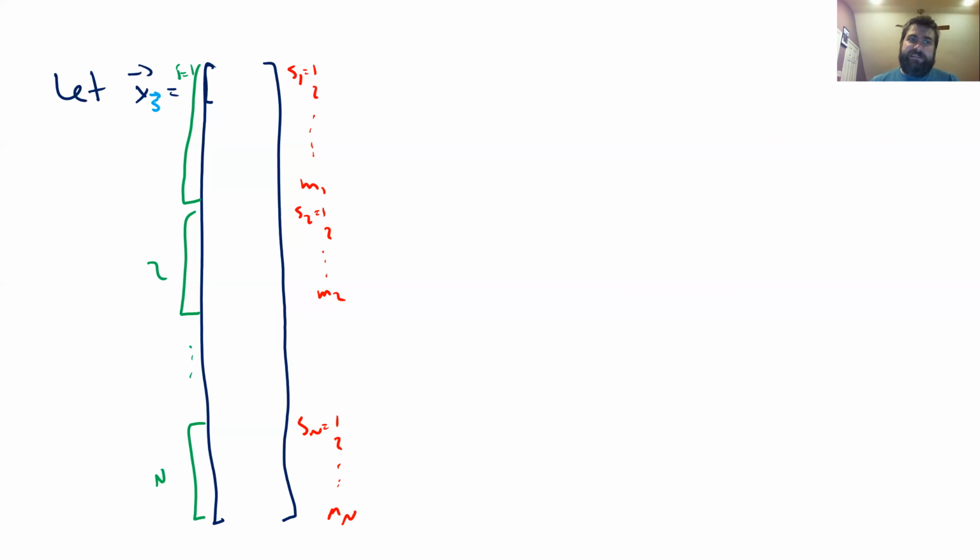And we can sort of think about the entry x_i of s_i as a delta function in terms of the choice s_i.